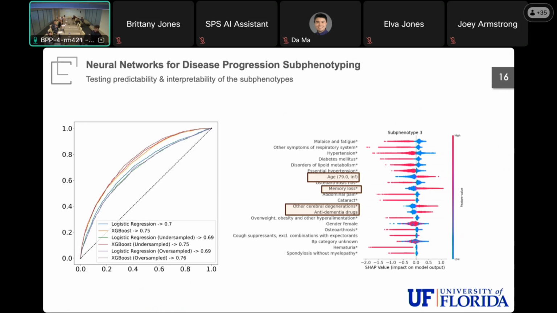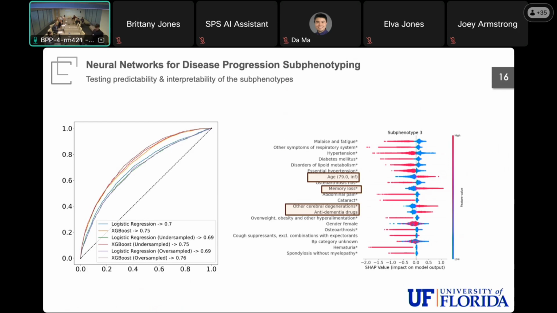But focusing on subphenotype 3, age being larger than 79, memory loss, and the use of anti-dementia medications showed positive correlations to classify the patient into subphenotype 3. So it would be helpful to let us understand the disease progression pattern.